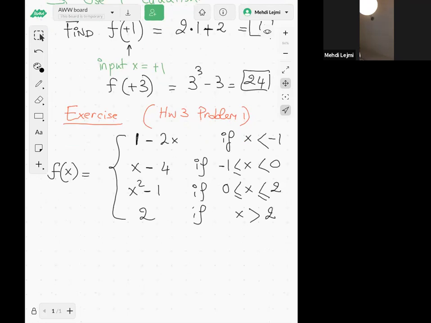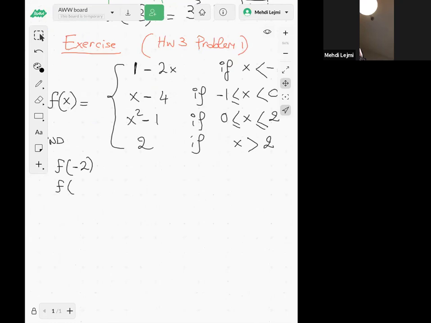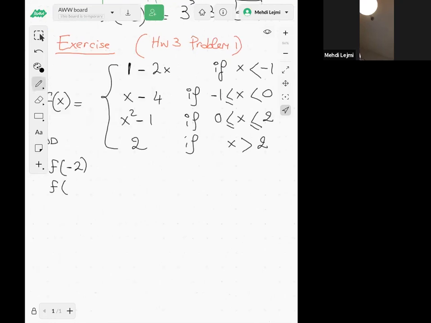Anyway, please guys try to find first f of -2, then f of -1, f of 0, f of 1, f of 2, and f of 3. Let's say you have 5 minutes, guys, to think about this.